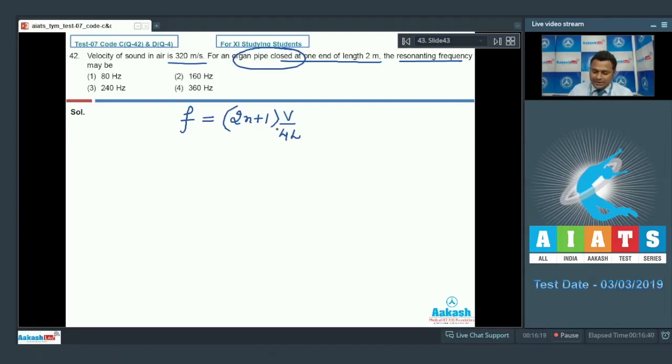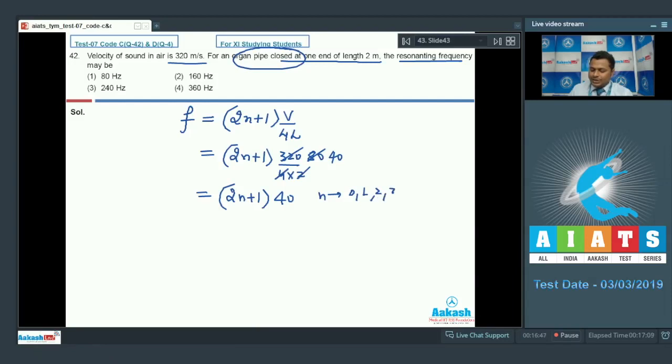Putting the values, we get F equals 2n plus 1, V has the value 320, 4, length is 2. After solving, we can get 2n plus 1 multiplied by 40, where n is 0, 1, 2, 3, 4 and so on.